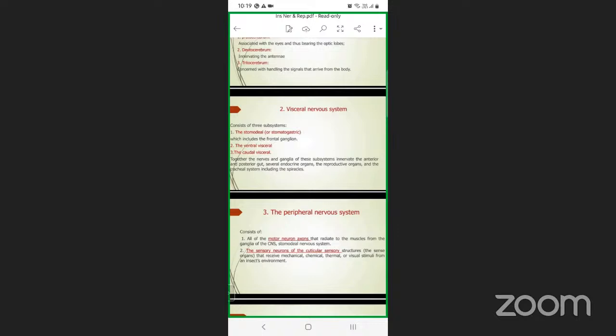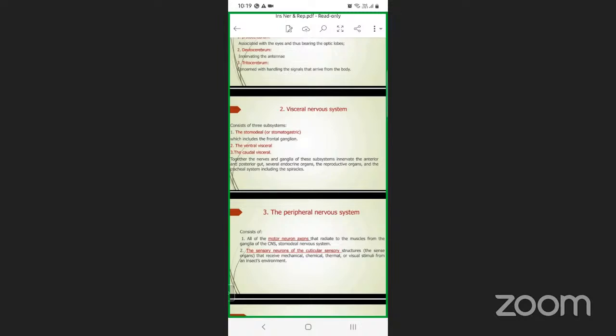The dendrites of these sensory neurons are associated with the sensilla, and their axons form synapses with neurons within the ganglion of the central nervous system, and their nerves contain the motor fibers.